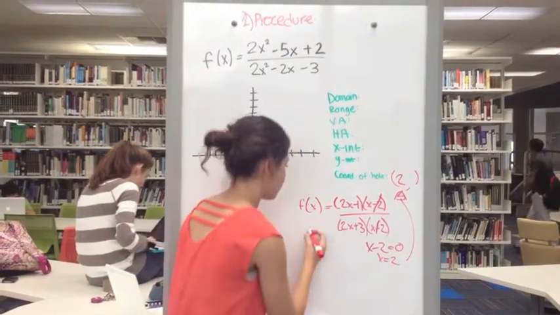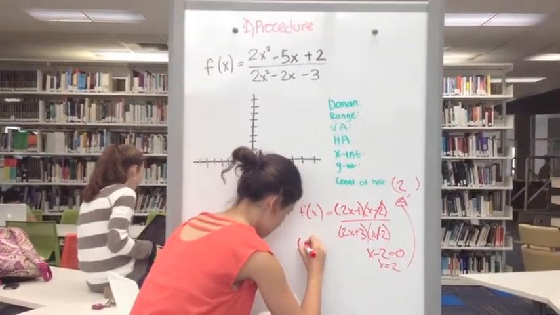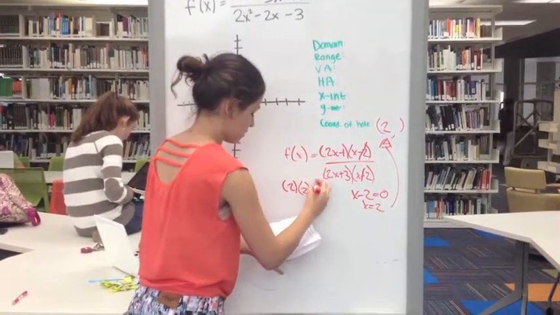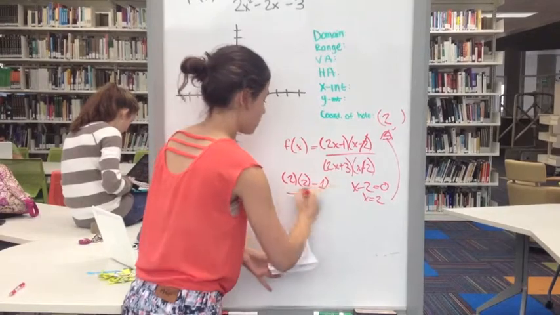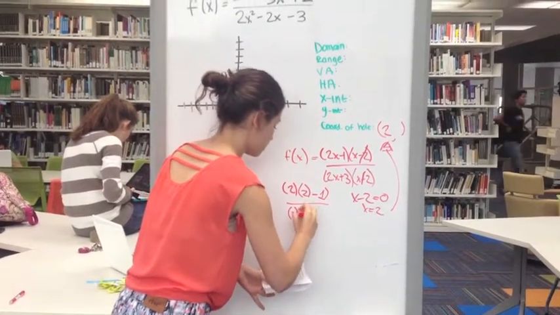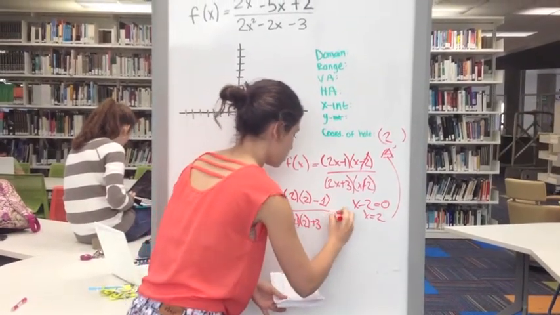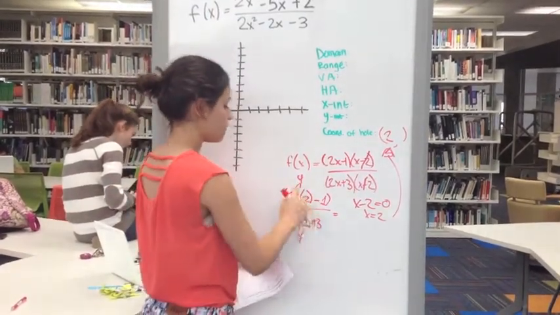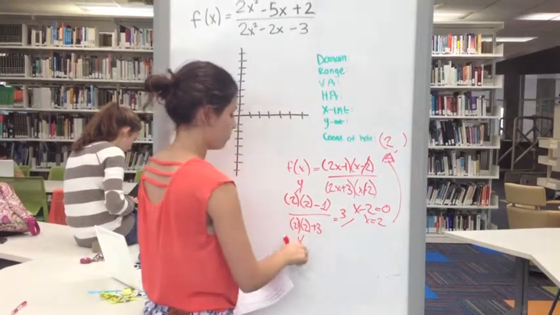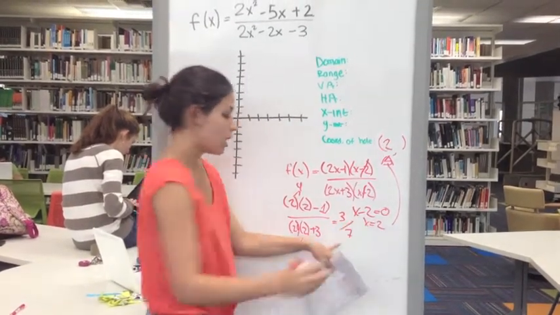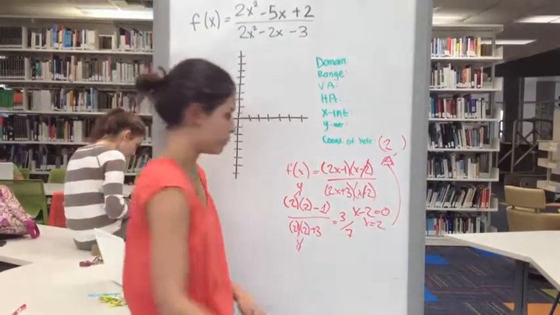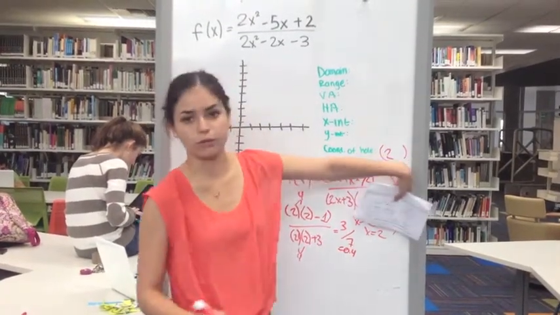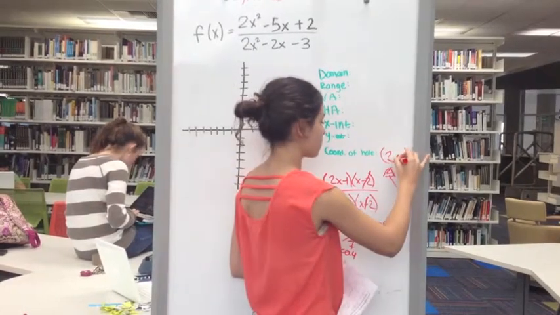So we're going to have 2, and the x will be 2 right here, minus 1 over 2 plus 3, which will give us 4 minus 1, which is 3, over 4 plus 3, which is 7. And 3 over 7 will equal 0.4. So that's going to be our y for the coordinate of the hole.